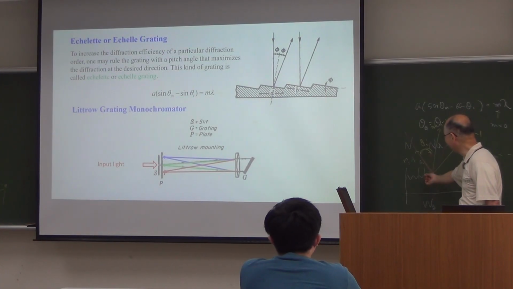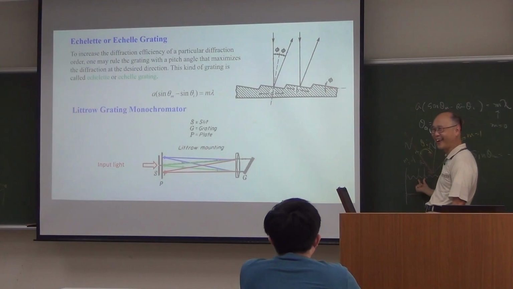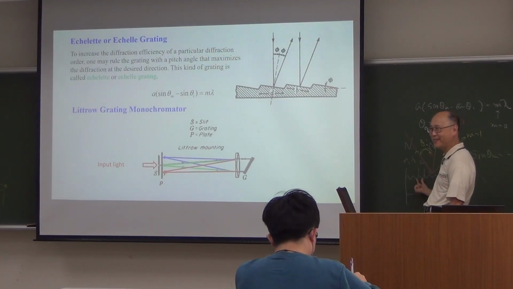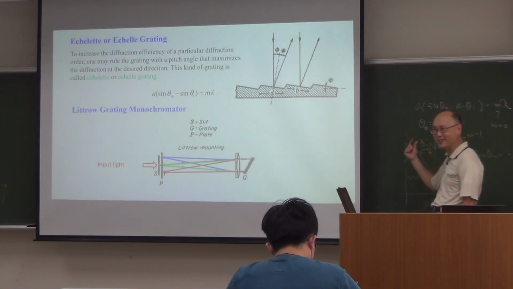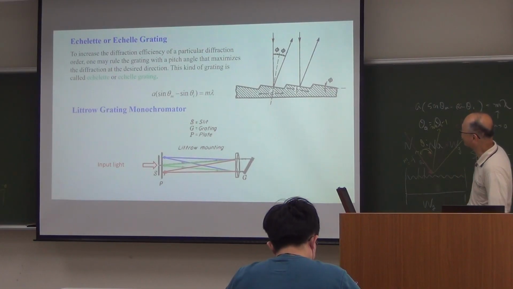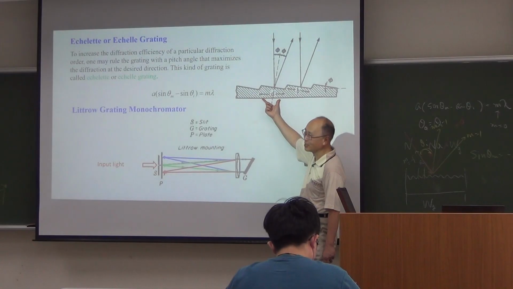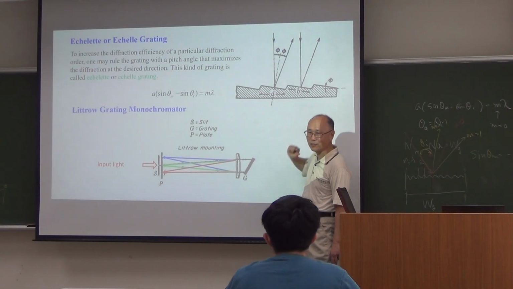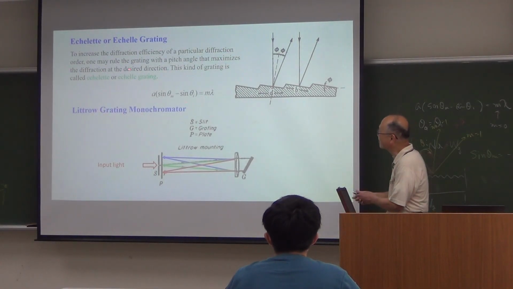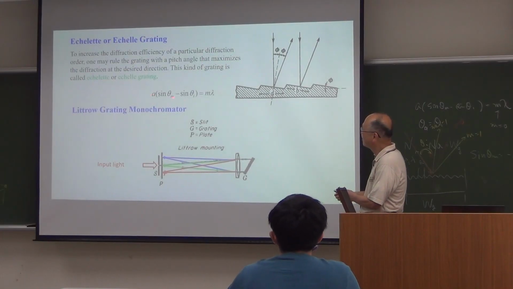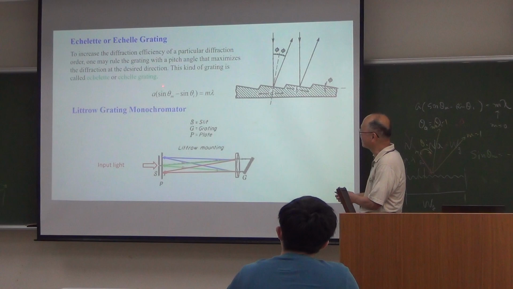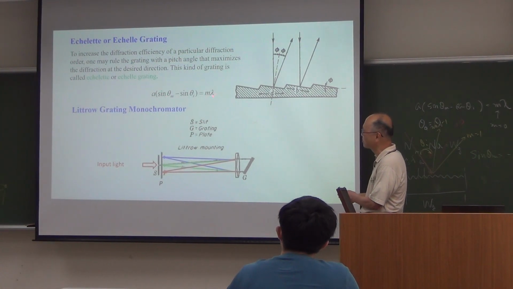Yes, the grating period. Lambda is the grating period. And that is fabricated by you right here, so you know this. You know this is the angle, and this angle is equal to this angle. Then you can determine this wavelength.